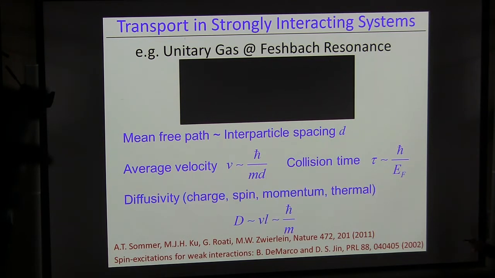And if you ask, what is the typical diffusivity, so that would be an average velocity times mean free path, you always end up with something universal that only knows about the mass of the particles being transported. So it's h bar over that mass. And this is true not only for spin transport, but it should be true for charge, momentum, thermal transport, or what have you.